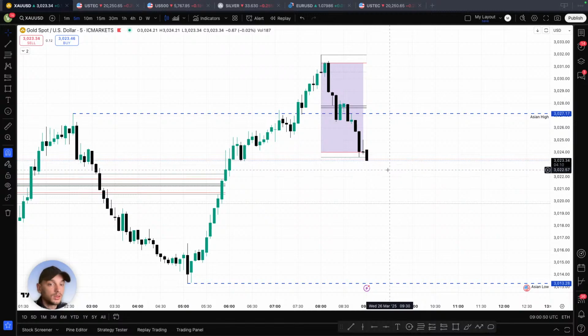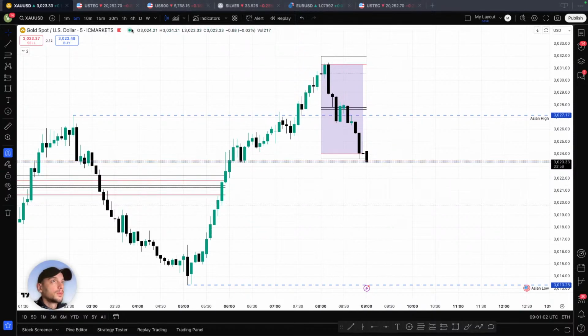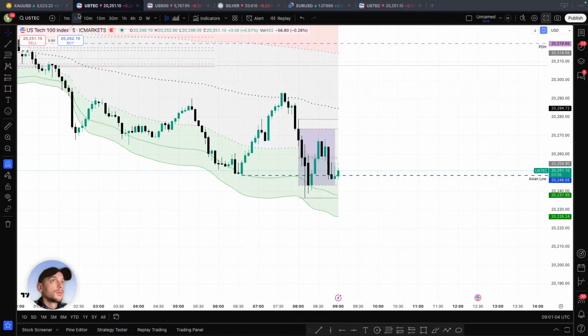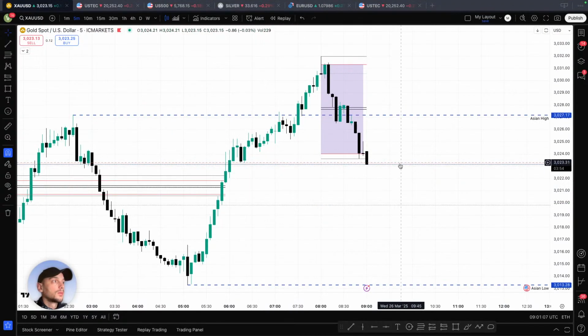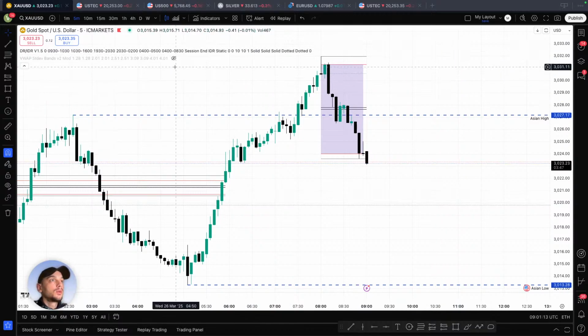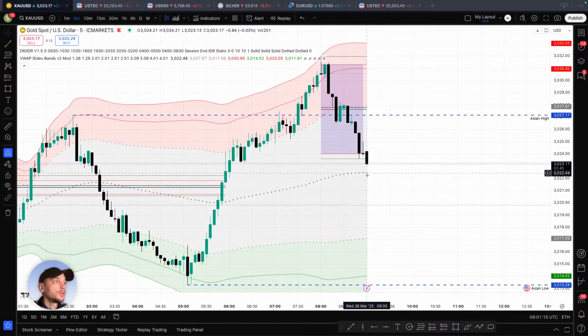We missed a good one here. Where did we go on VWAP? Just to 50%. That's a good target as well with this liquidity here.